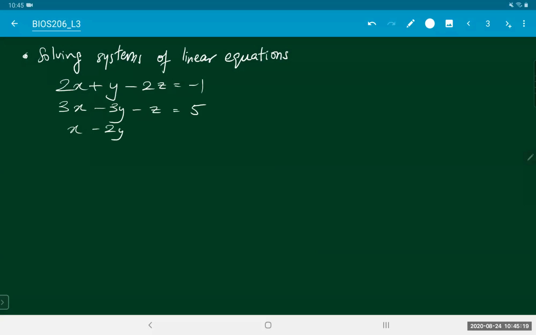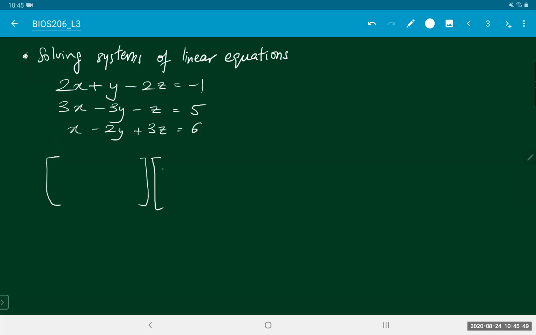X minus 2y plus 3z equals 6. So these are 3 equations in 3 unknowns, x, y, and z, and I want to solve them and find the values of x, y, and z. So what I do is I first write these 3 equations collectively as a matrix equation.